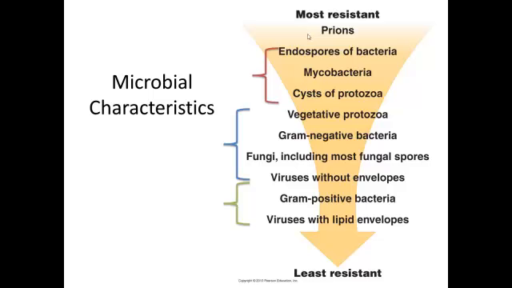You know that you can use a quat in your home, generally speaking, but after a cold has gone through, the quats aren't going to help to decrease those cold viruses. You've got to move up the scale.